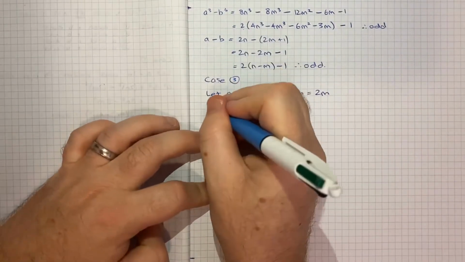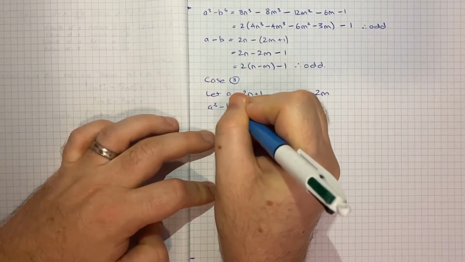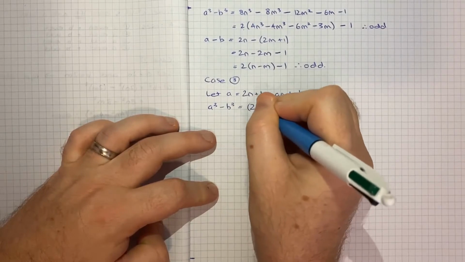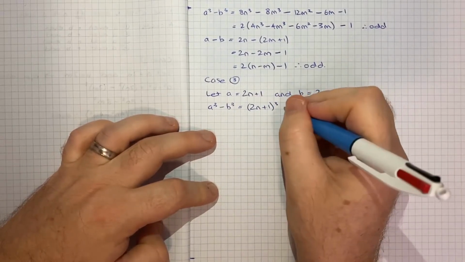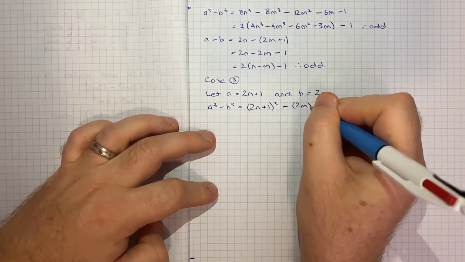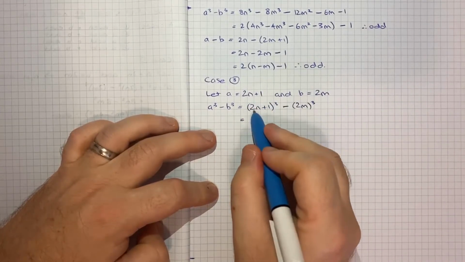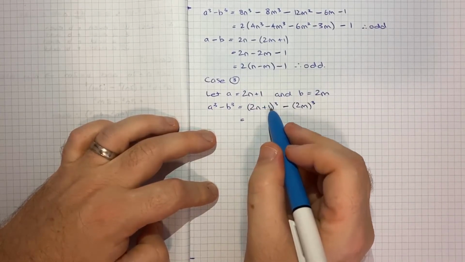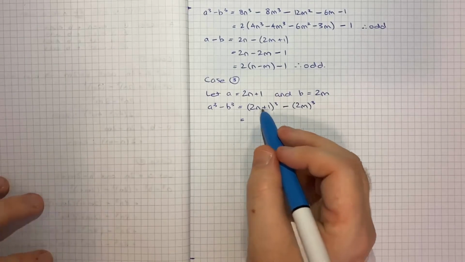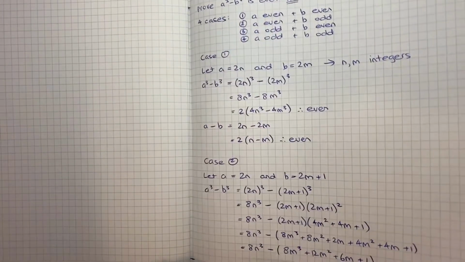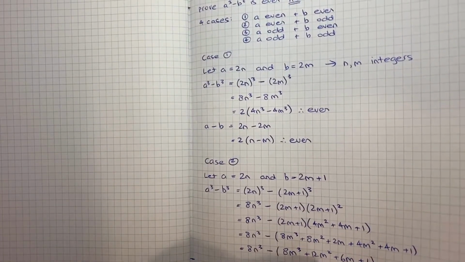So if I did a cubed minus b cubed, I'd get 2n plus 1 cubed minus 2m cubed. This 2n plus 1 cubed will just be the same as what I got with 2m plus 1 cubed, just with n's instead of m's.